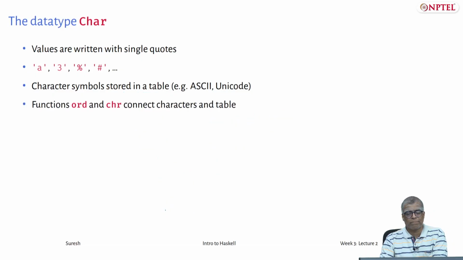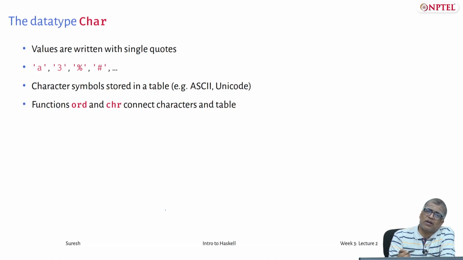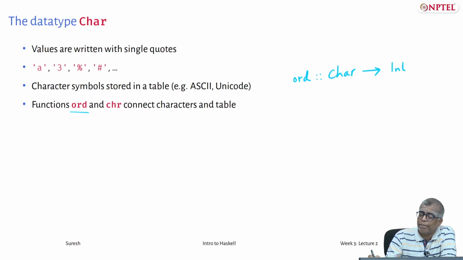Okay? Because you can always extract the corresponding order by this function called ORD. ORD is a function, let's for now think of it as having type char arrow int. CHR has type int arrow char.